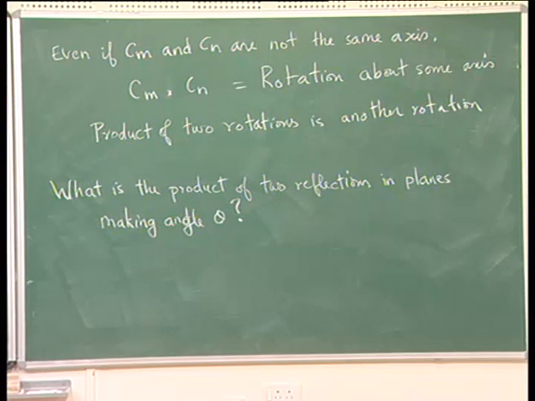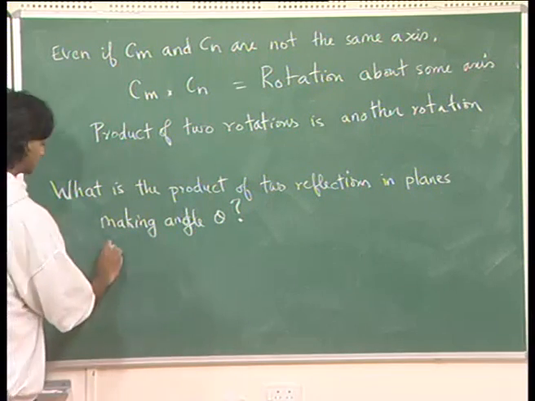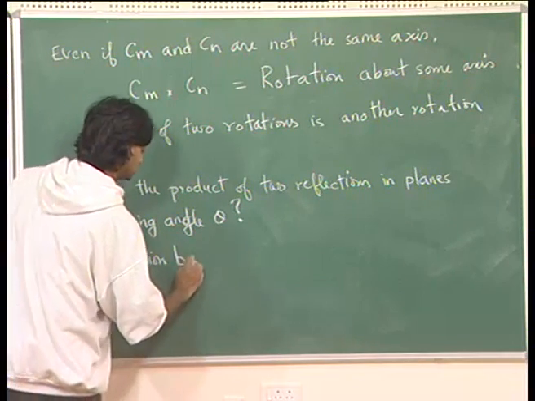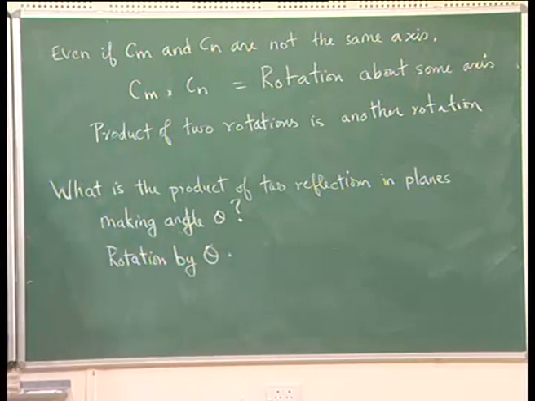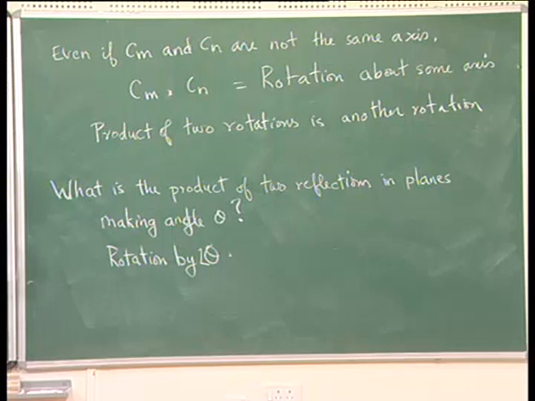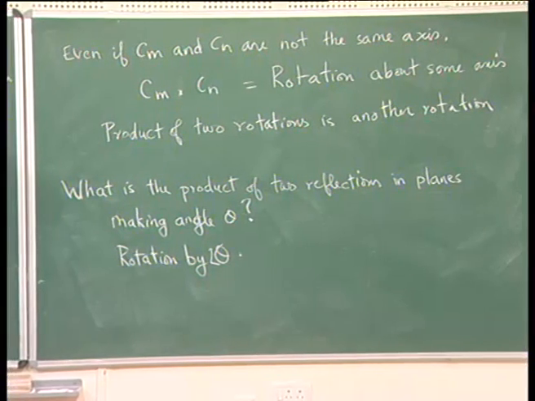The answer is that the product of these is a rotation by 2 theta. So the product of two reflections in planes that make an angle theta with each other corresponds to a rotation by 2 theta.